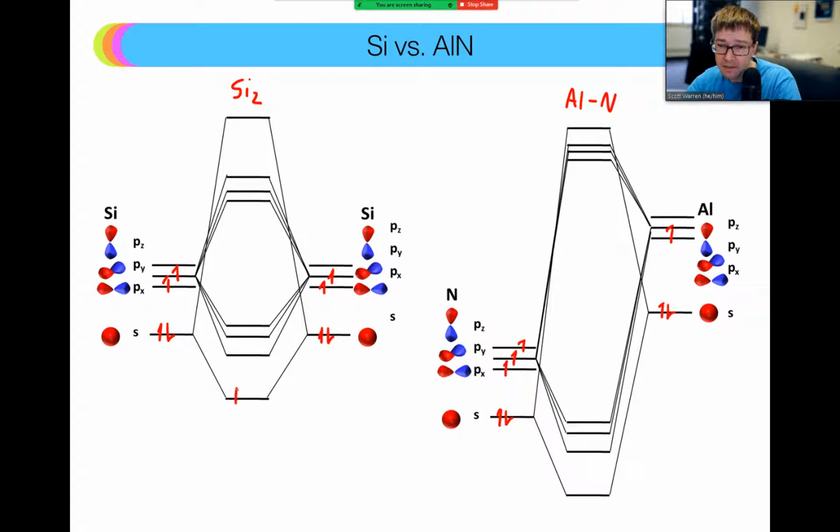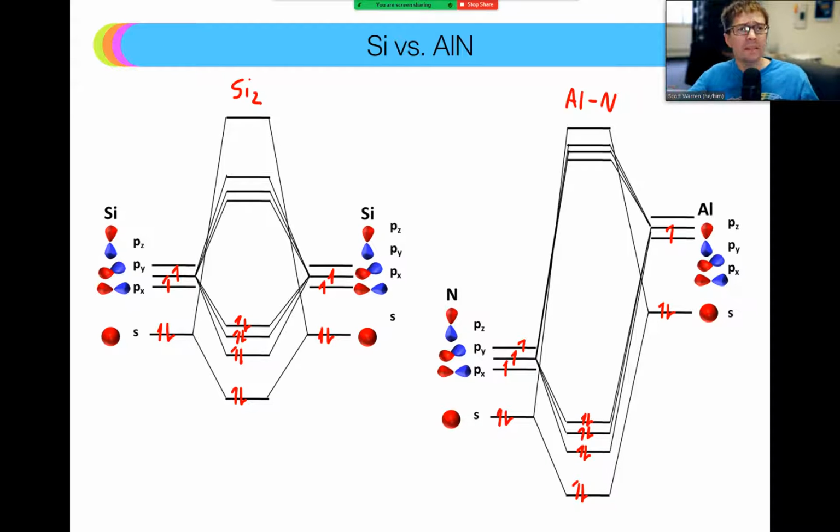And placing these electrons in, we find that in both cases we completely fill up the bonding molecular orbitals, and the anti-bonding ones at the top are completely empty.